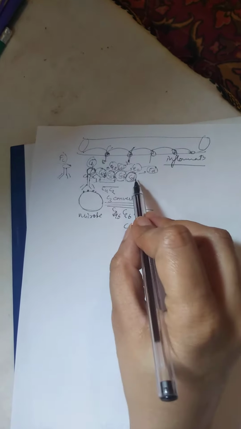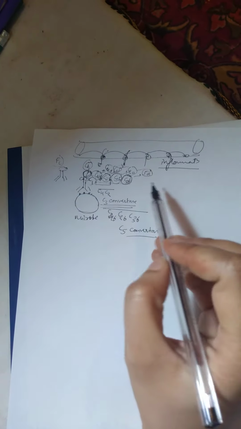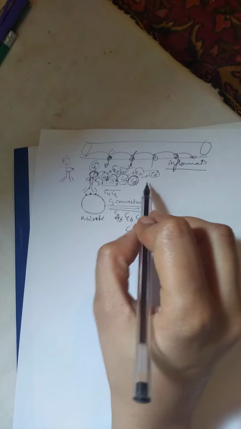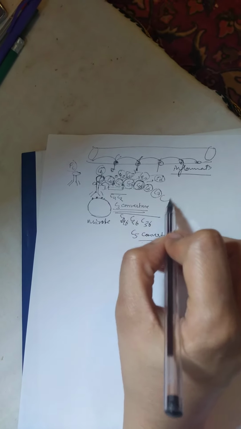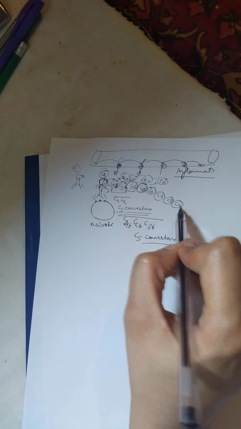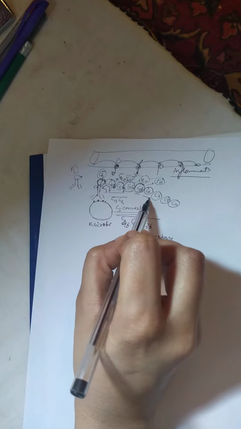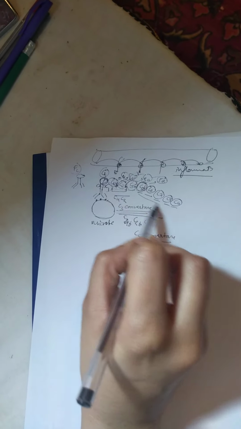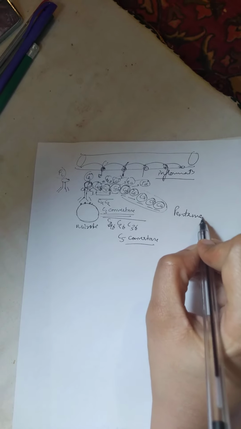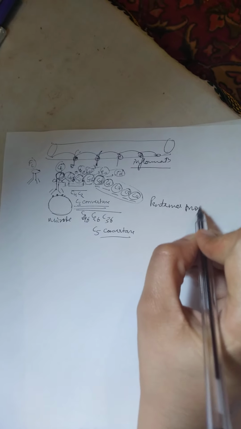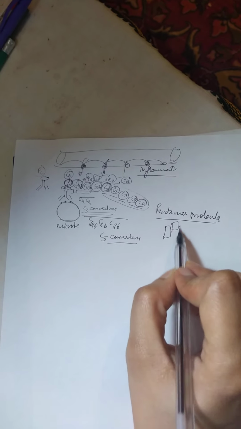Right? Now after this whole protein series is activated, this C5b will activate C6, C7, C8 and C9. Now C5b, C6, 7, 8 and 9 together will form a polymer molecule, for example like this.